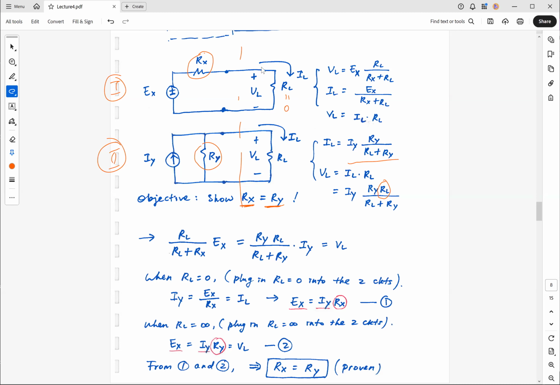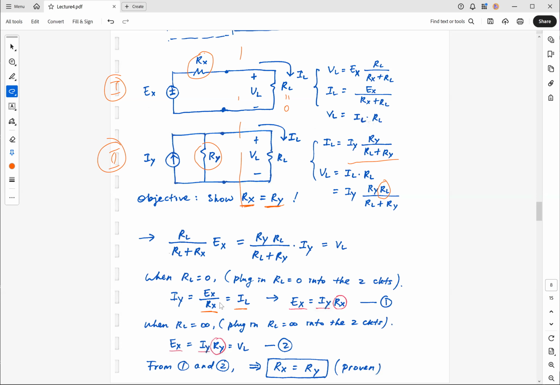So the current passing through this short, if you will, is simply equal to EX divided by RX. So IL is equal to EX over RX. But at the same time, if we look at the second circuit, right? So this is circuit number 2.